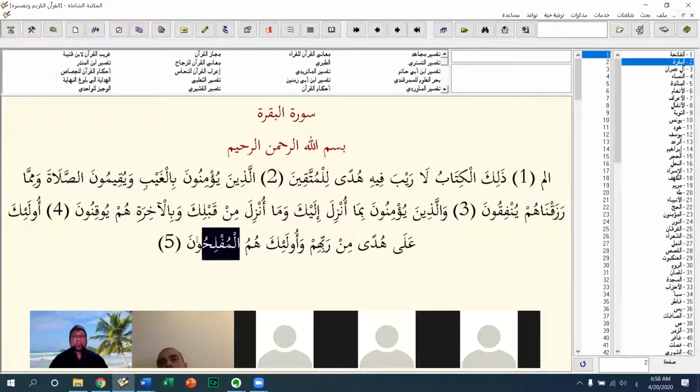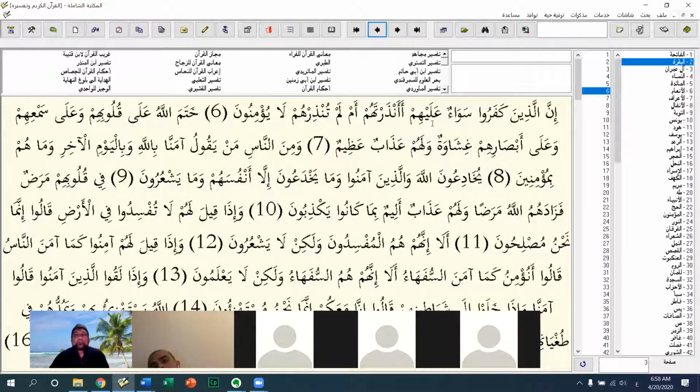Al-Muflihun. So here, Al-Muflihun is plural. So I'm just looking for plural words. If I ask you what's the structure of this word, we would say Jam'u al-Mudhakkar salim, the singular is muflihu. The plural is, you add waw and noon, muflihuna.